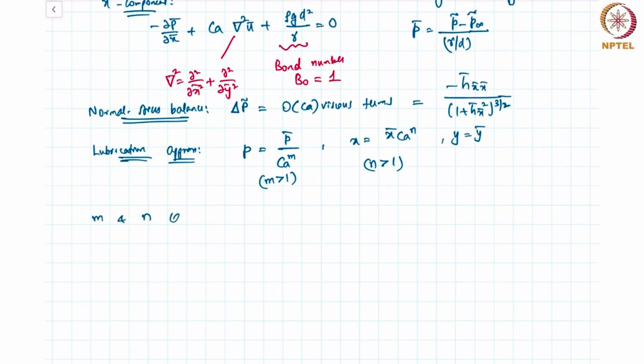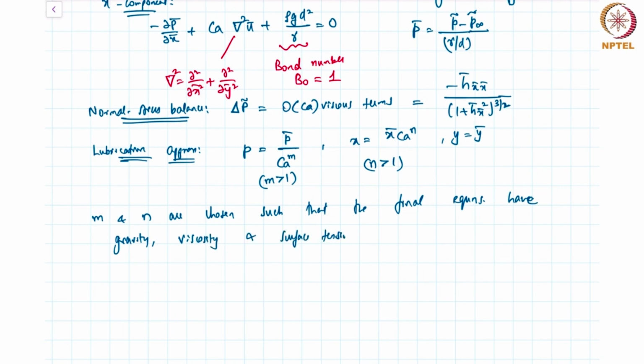M and n are chosen such that the final equations have gravity, viscosity, and surface tension equally important.